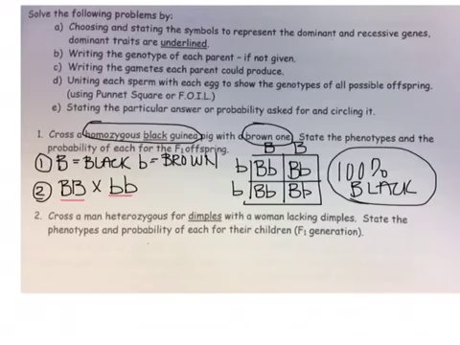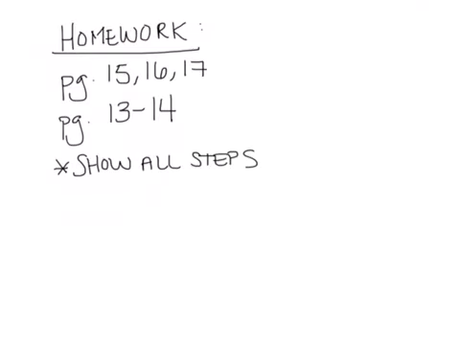You don't need to tell me 100% big B, little b, because that would be a genotype, and they ask for phenotypes. Okay, so you need to do the rest of page 15, and you also need to finish page 16 and 17, and then pages 13 and 14 in your packet. Make sure you're showing all 4 steps: the key, the cross, the Punnett square, and answer the question.